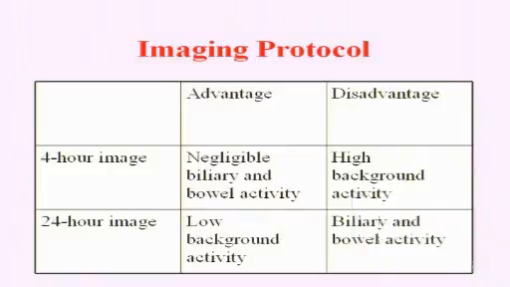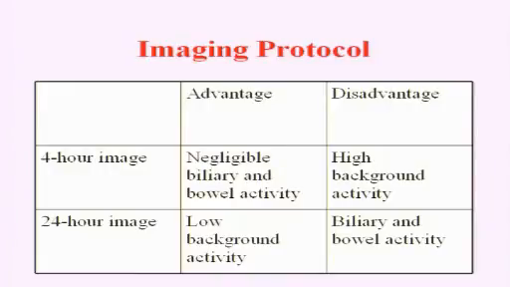Now, all patients are imaged at 4 hours and 24 hours, which means the patient needs to come for examination for 2 days. But it's such an expensive radiopharmaceutical. Octreotide costs more than $1,000 per dose, so we want to make sure that the patient gets the maximum benefit from this examination. At 4 hours, the advantage is that you have negligible biliary and bowel activity, which I will exemplify later.